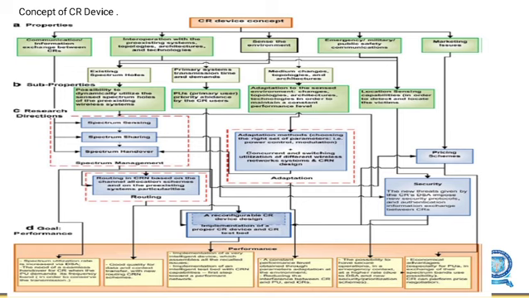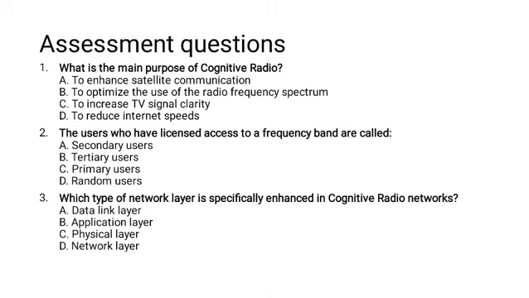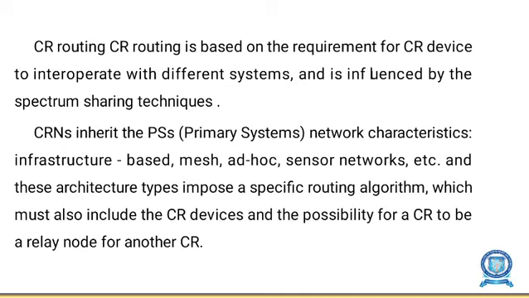So the CR based technique consists of various functionalities: advanced physical and MAC layer technology, implementation of novel and flexible protocols, capacity to support homogeneous and heterogeneous systems, adaptation to changes like environmental changes, dynamic frequency changes, etc. These are the technologies which will compose this CR.